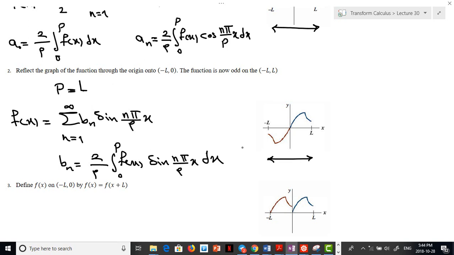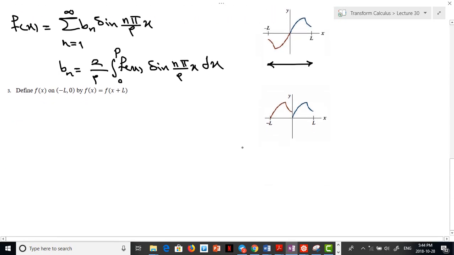In the third solution, we can define f(x) on the range of minus L to 0 such that f(x) is equal to f(x plus L). In fact, we have a periodic function.